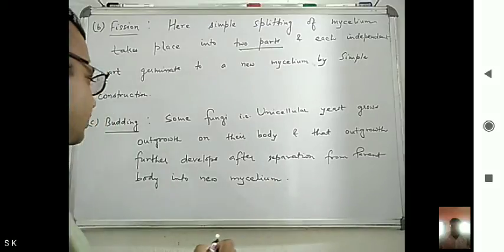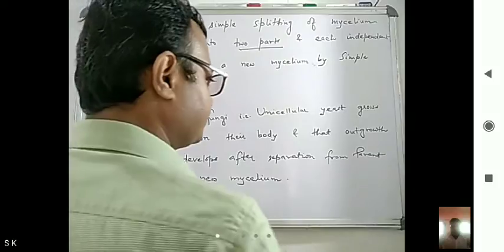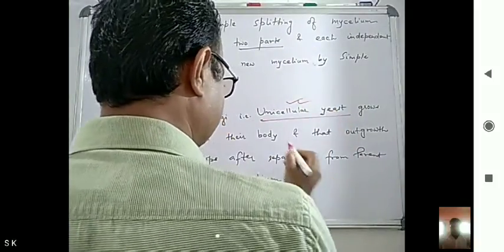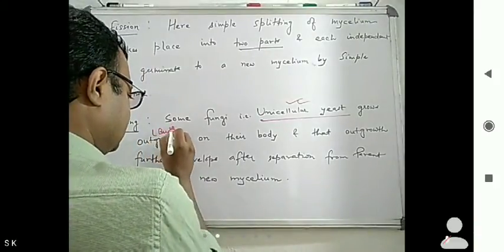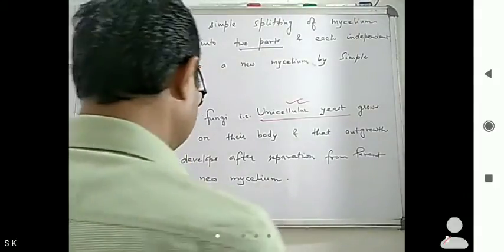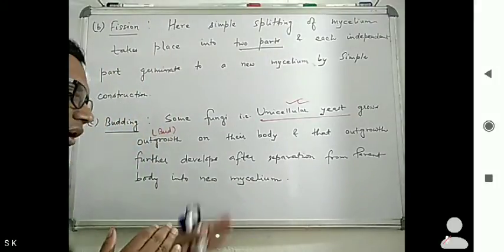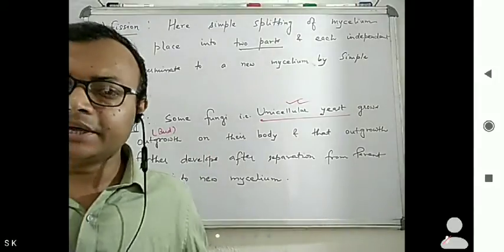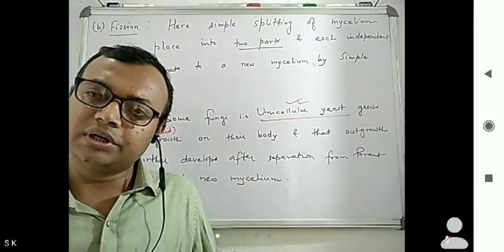The unicellular yeast mostly grows by budding. This is the third type in vegetative reproduction.